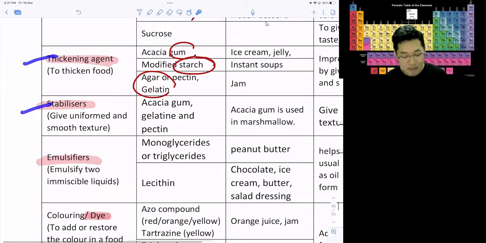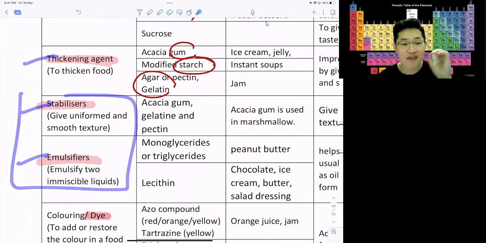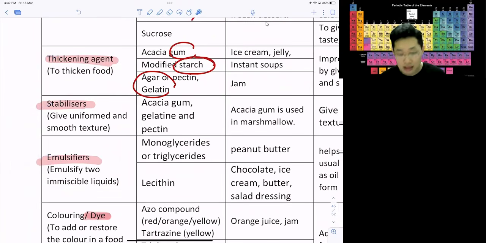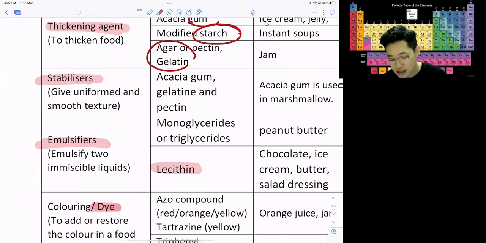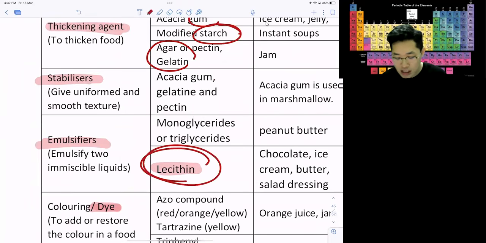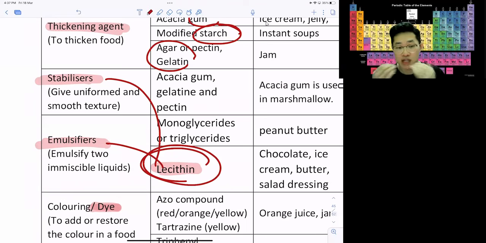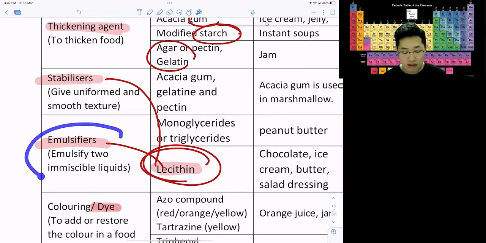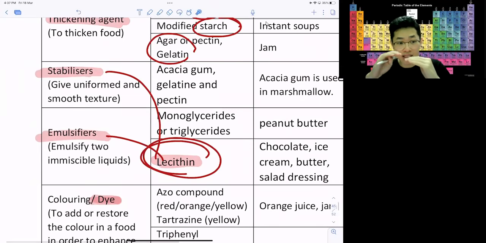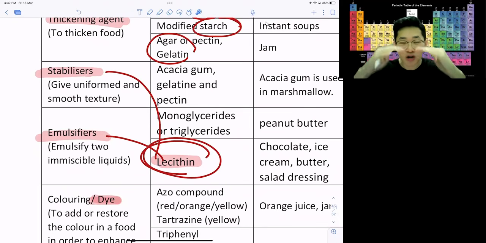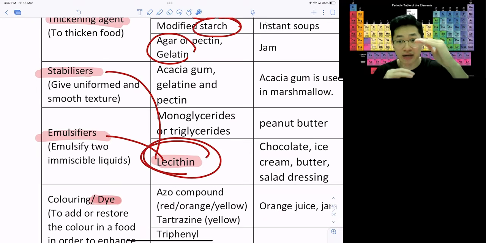Stabilizer and emulsifier, they both are very similar. And this lecithin can actually be used in emulsifier and also stabilizer. This example, lecithin, it can be used in both. Okay, what is the difference between stabilizer and emulsifier? So emulsifier is to mix water and oil, which always separate, right?